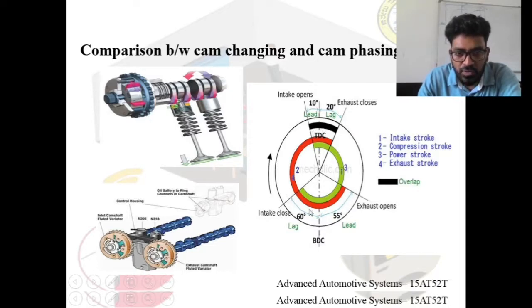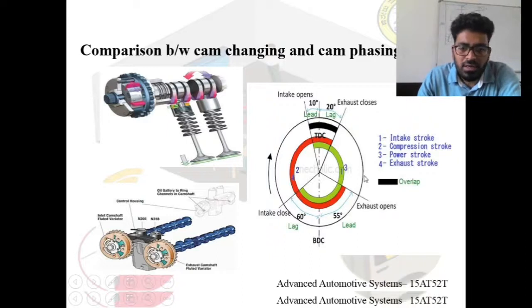How much? 250 degree. 250 degrees of intake valve opening is there. Suppose we use this bigger cam profile. What happens? It will open earlier than this intake and close later than this intake. So about 250 degree, it may be 270, 280 or 290 degree opening of the intake valve can be obtained.